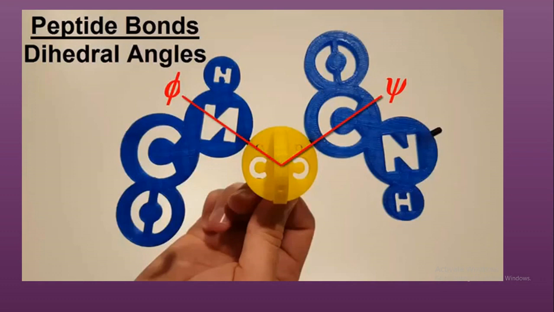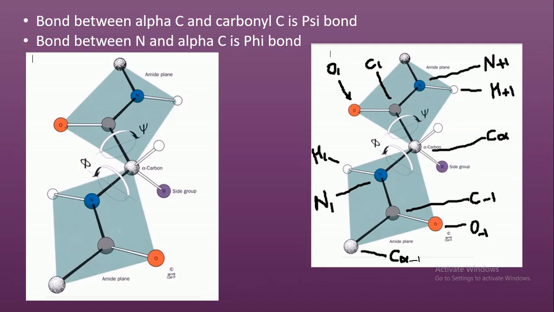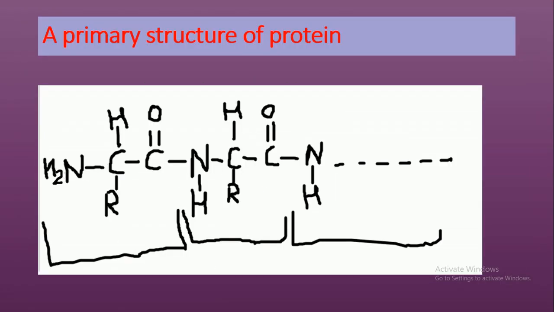In the conformational parameters of the peptide bond, we came to know that there is a double bond character between this carbonyl carbon and nitrogen, because of which they do not rotate, because of this double bond rigidity. This bond does not rotate, but the rotation can take place at phi and psi.